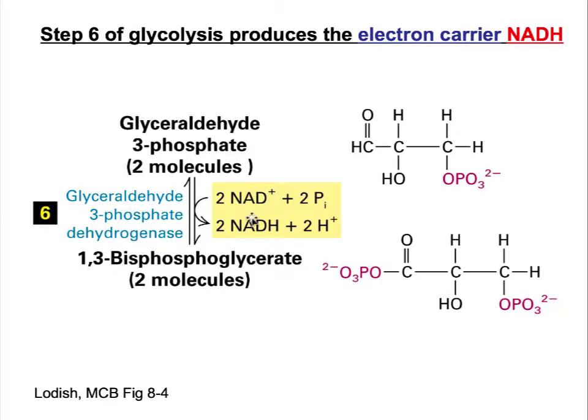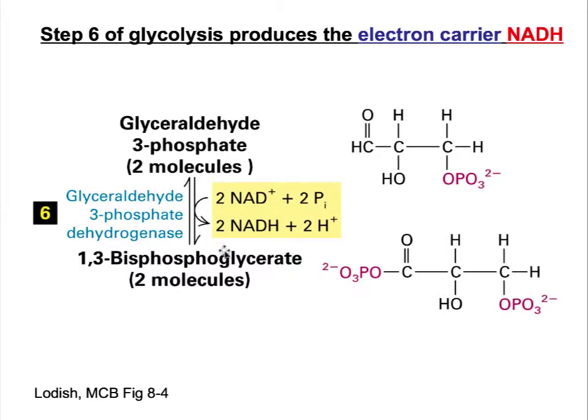So the question is, why do we have the number 2 in front of these electron carriers? Well, if you recall, one molecule of glucose breaks up into 2 3-carbon molecules as it progresses down the glycolytic pathway. So we have 2 molecules of glyceraldehyde 3-phosphate from each glucose molecule.